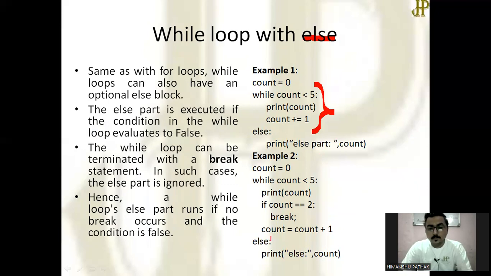And if break is applied in any part of the while loop, the else part will never be counted. Okay, here I have written over: the while loop can be terminated with a break statement. In such cases, the else part is ignored. Okay.